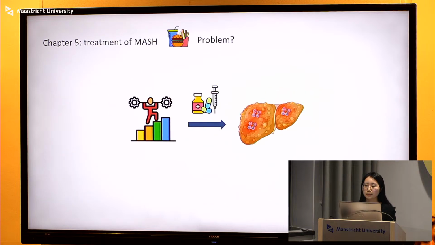As previously mentioned, metabolic syndrome is a risk factor for development of MASH. Currently, it is challenging to treat MASH, and so additional therapeutic options are needed. To this end, I looked at cathepsin D inhibition as a strategy to treat MASH.